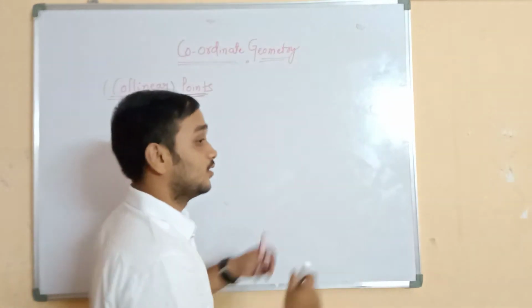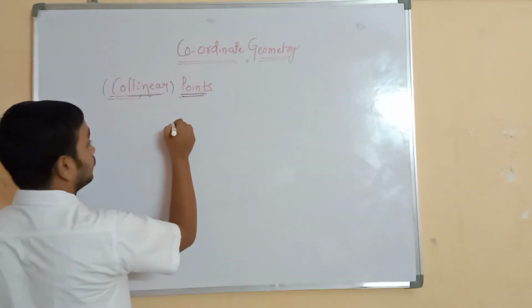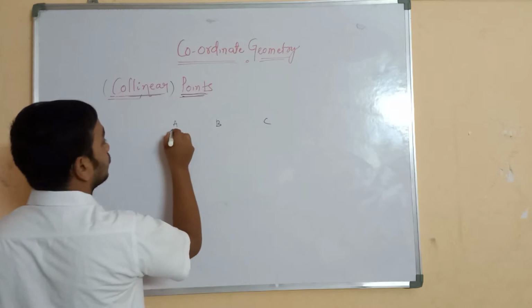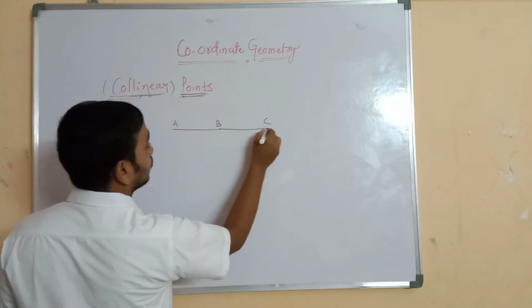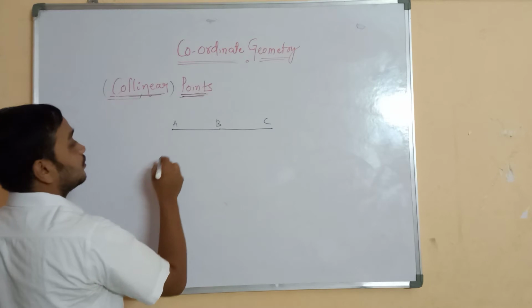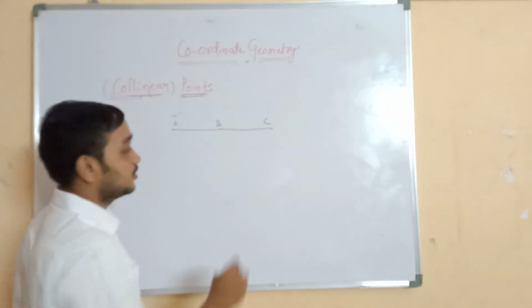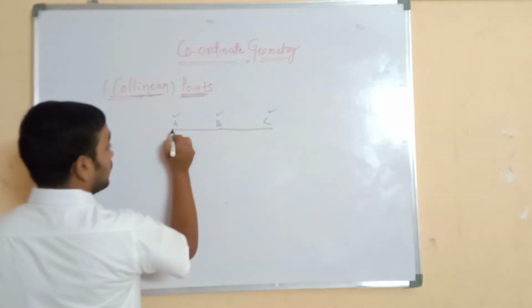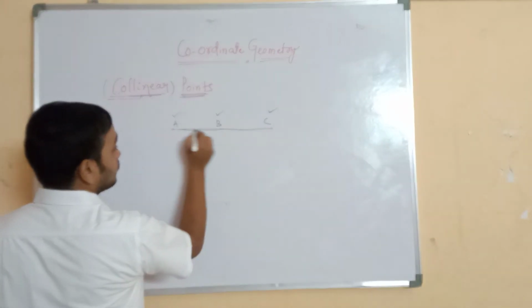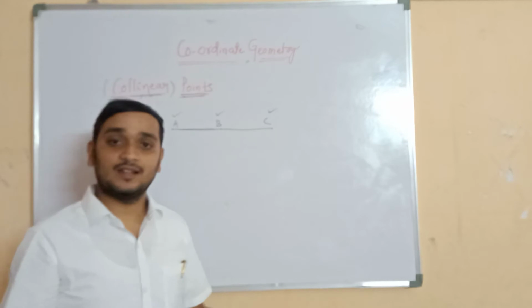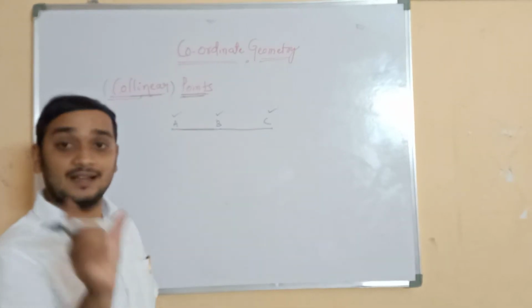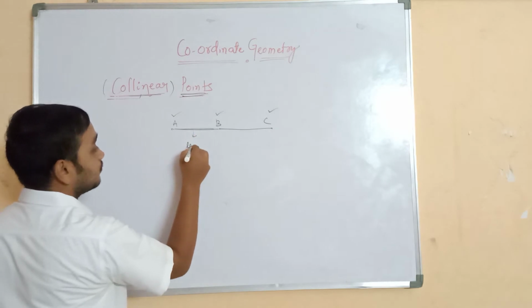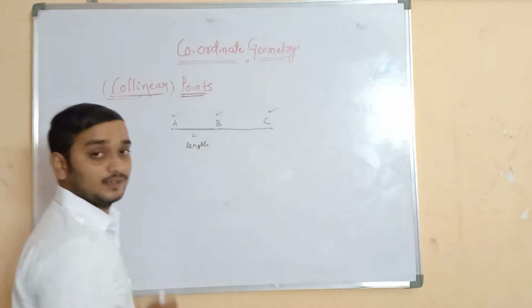See, this is a point, this is a point, this is a point. This is a length, AB is represented as some length.